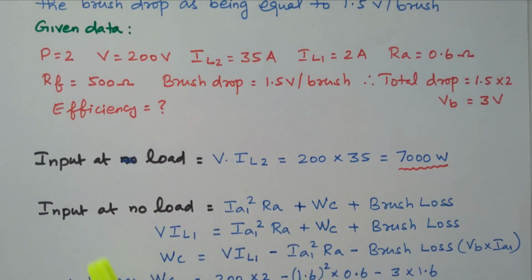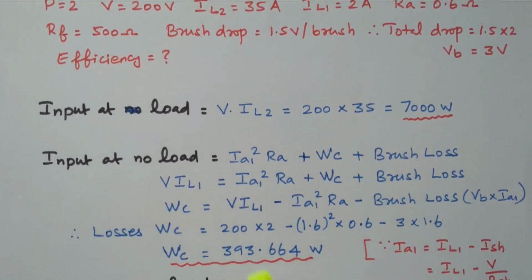Now the input at no load is IA1 square into RA, the armature resistance loss, plus the constant loss, plus the brush loss. By adding all these, we can find the input at no load, that is V into IL1 equal to IA1 square RA plus WC plus brush losses.